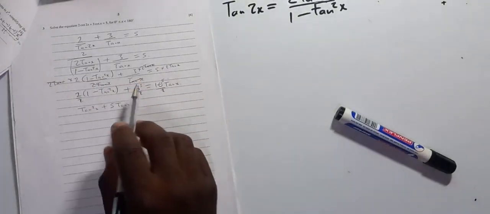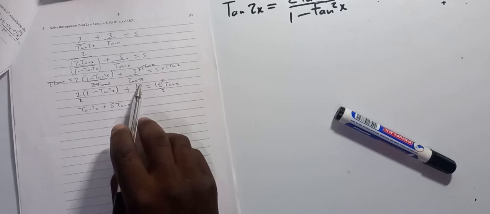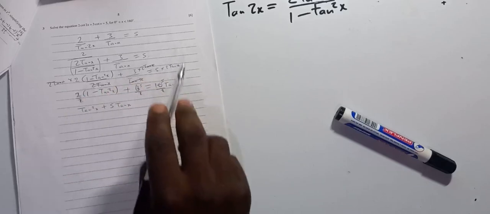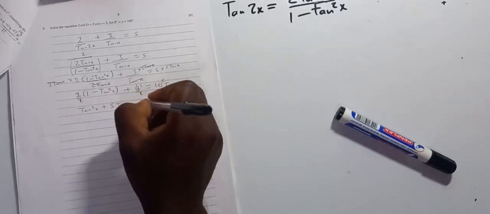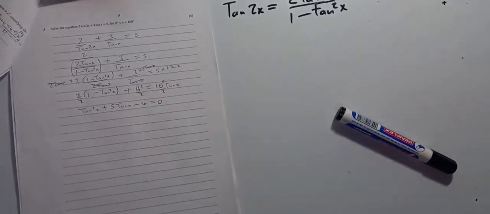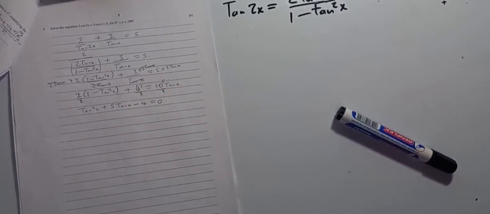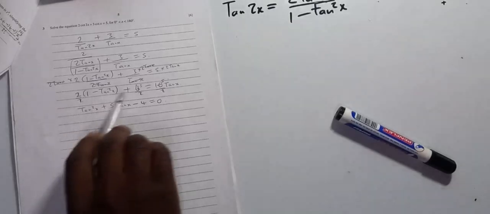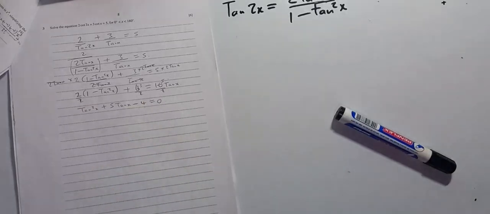Sorry, here we divided by 2 and we have 3. So 1 plus 3, that will be 4. And we take 4 to the other side, it becomes minus 4. Then equals 0. So we have tan squared x plus 5 tan x, plus minus 4, because we have plus 4 to the other side becomes minus 4, equals 0.